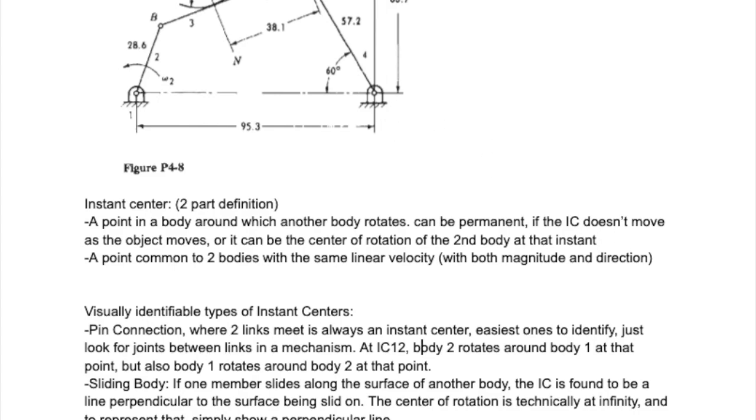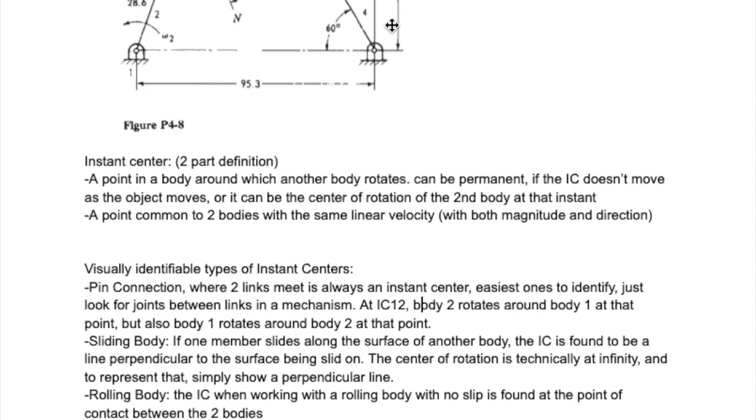So bar 5 has as its center of rotation, if you want, the pin connection. That makes sense. Same thing here, bar 4 and bar 1, bar 2 and bar 1, and then between bar 2 and 3, they have another pin. They rotate around there. This image is simple. There are only pin connections. We're going to look at other versions.